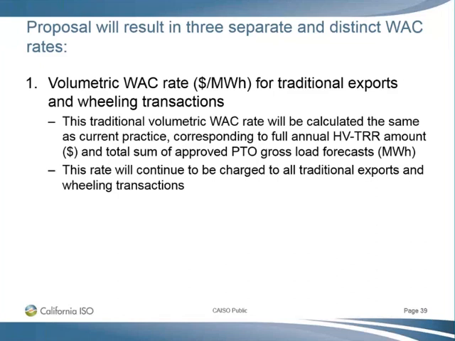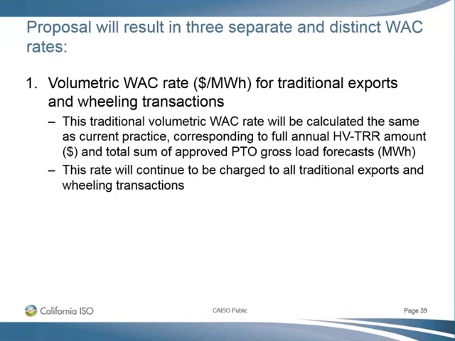That will be calculated the same way as it's done today, using the full overall annual TRR for the high voltage system and the sum of all of the PTOs' approved gross load forecast, and that's how we'll determine the rate. That will continue to be charged to all traditional exports and wheeling customers as it is today, so that part basically just stays the same.